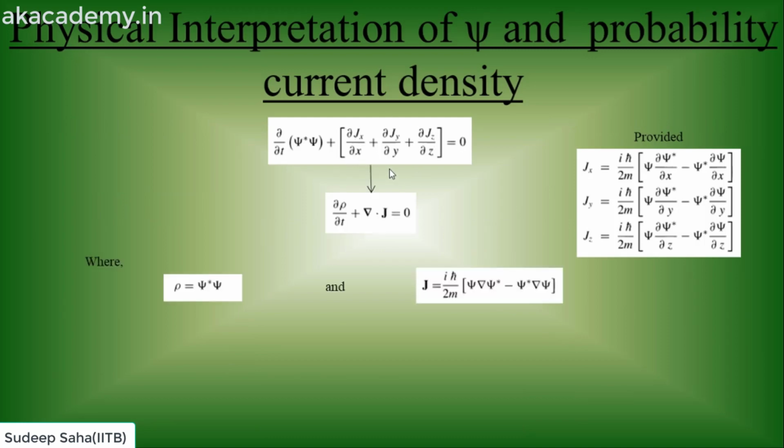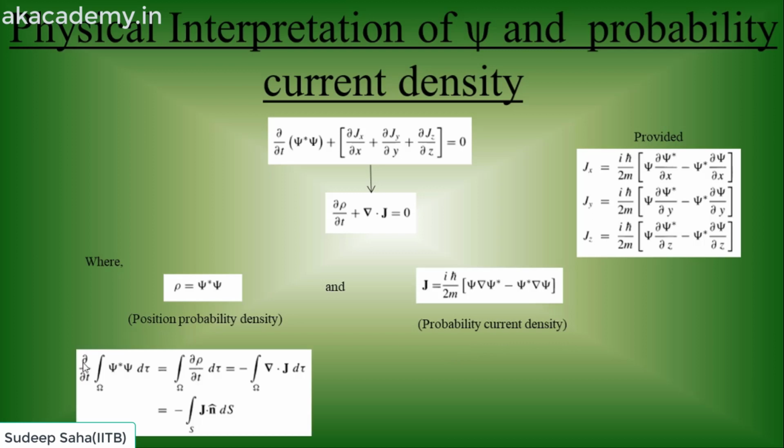So we can write this equation as del rho/del t plus divergence of j equals 0, where rho is psi star psi and j is i h bar over 2m times psi grad psi star minus psi star grad psi. This is in 3 dimensions. This is called the position probability density, and this is called the probability current density.